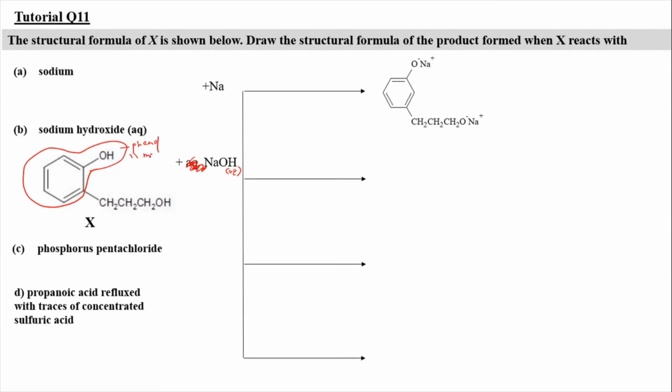Okay, so when you know that phenol is more acidic, the phenol can react with NaOH aqueous. However, the aliphatic, which is least acidic, cannot react with NaOH. So only this part here, which is H, is going to be changed with Na plus, but for this side, there is not going to be any change happening.